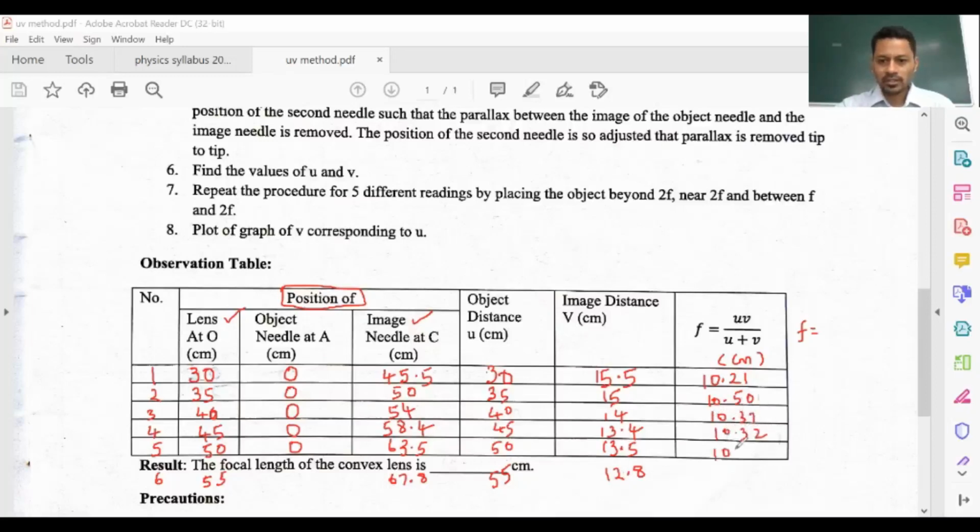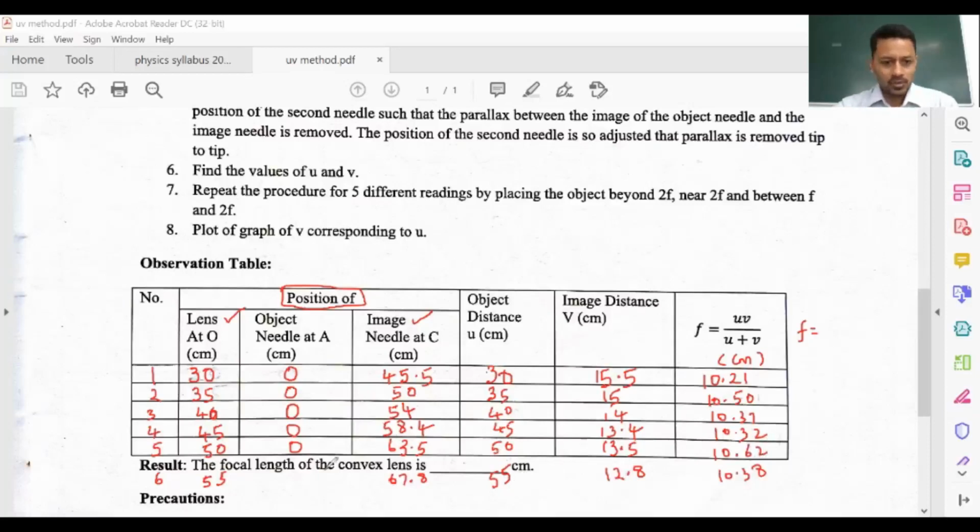Here also I get 10.32. And this is 10.38. When you do the calculation, this is not 32, I think you get this as 10.62. So this value you get as 10.62.